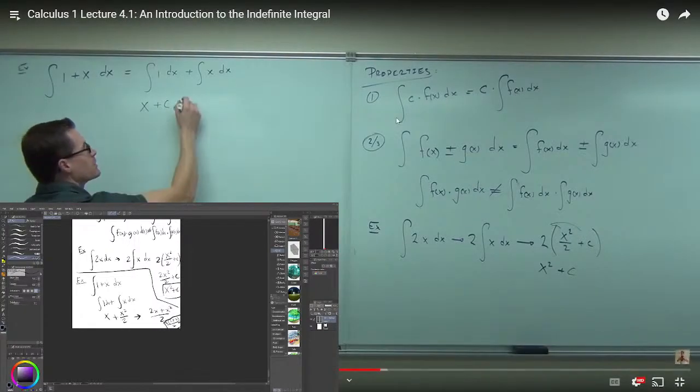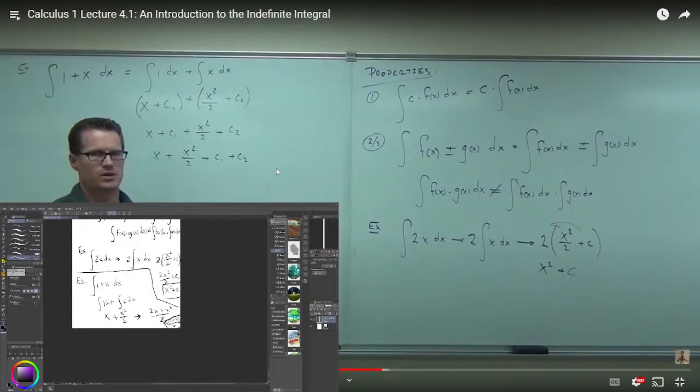This is going to be another constant. Plus, this is x squared over 2. Yes, we just did that. Plus c2. But then when you add them together, you get x plus c1 plus x squared over 2 plus c2. And you get x plus x squared over 2 plus c1 plus c2 by recommuting those things.